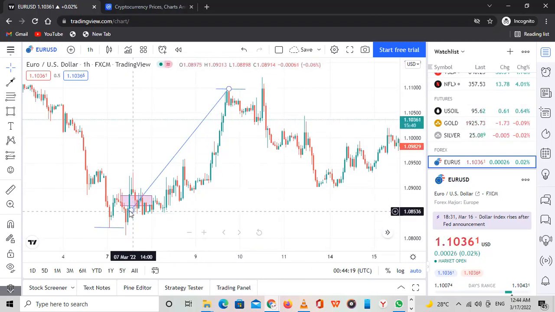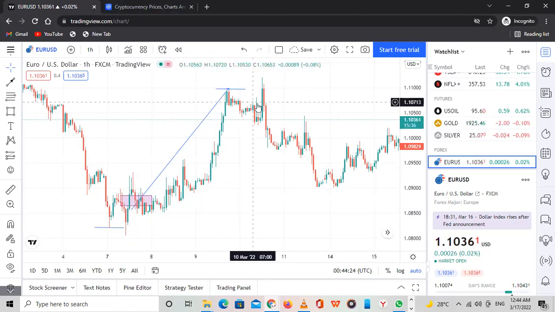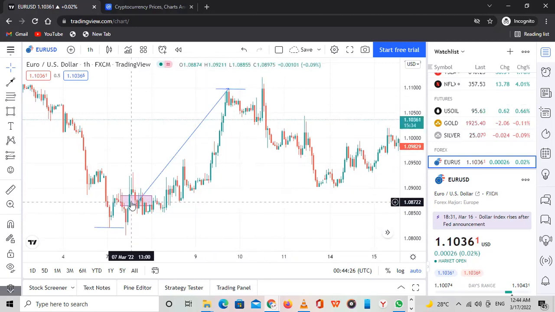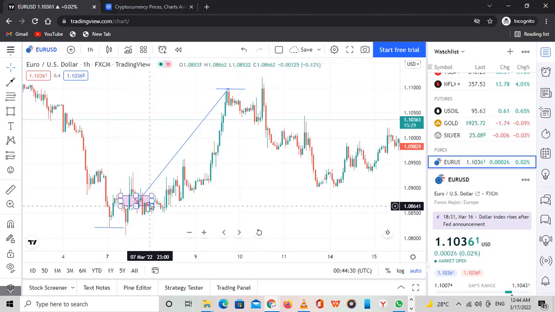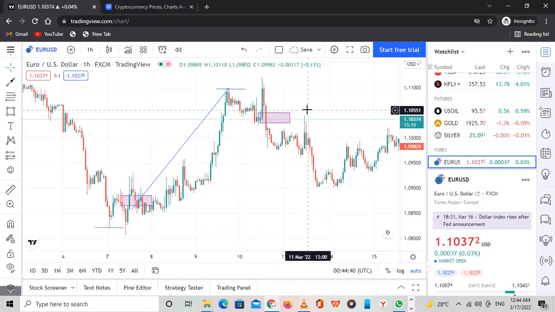As seen here, this gap that is here is called the fair value gap. We have the same thing here, guys. Same thing here. See, same thing here.